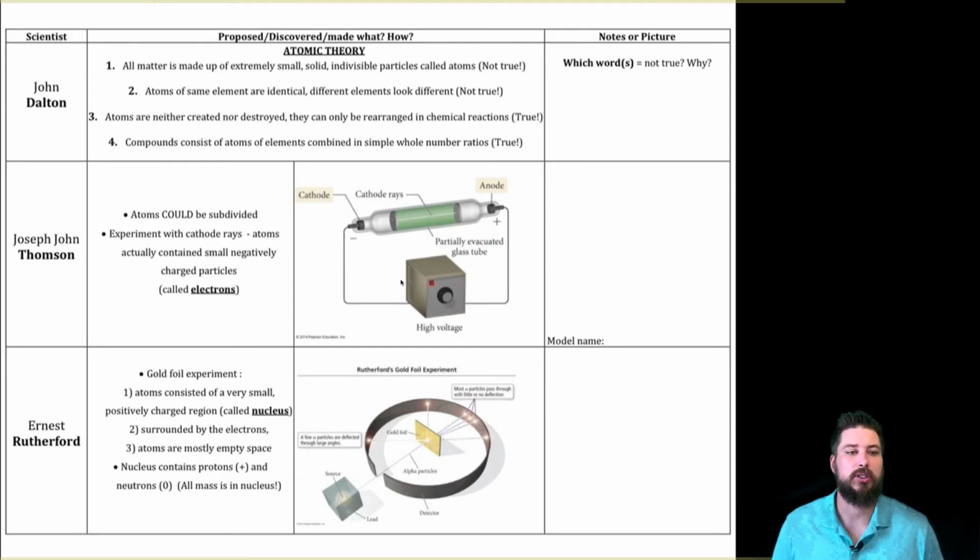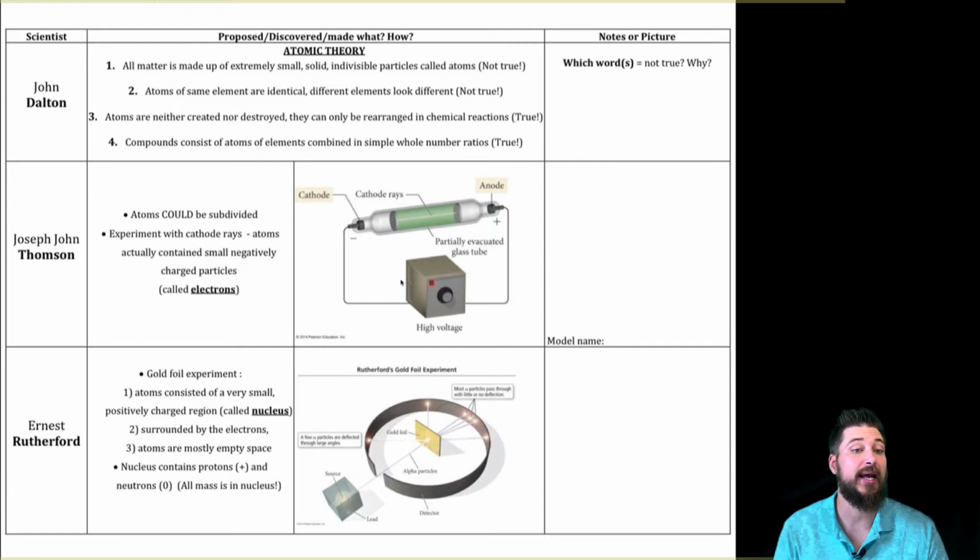John Dalton came up with four statements based off of experimental data that describes the atom. Let's go ahead and look at those four statements. The first statement says all matter is made up of extremely small, solid, indivisible particles called atoms.